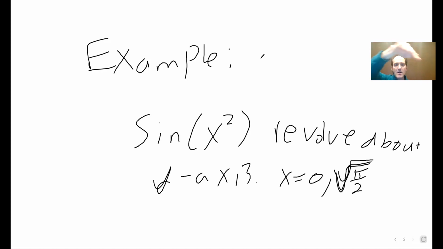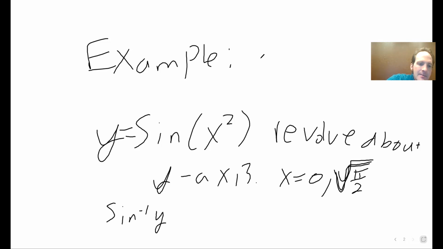We take that and we revolve it about the y-axis, and we want to know what's the volume of this thing. Well, unfortunately, what we would have to do using the stuff we did this time is switch x and y, basically solve for x in this equation, which gives the inverse sine of y under a square root is equal to x.